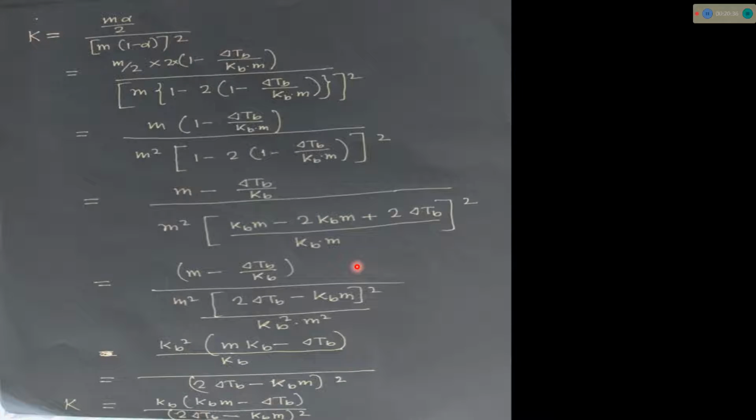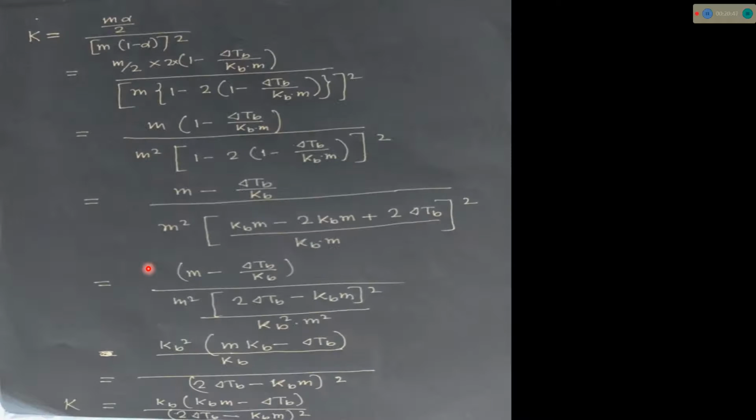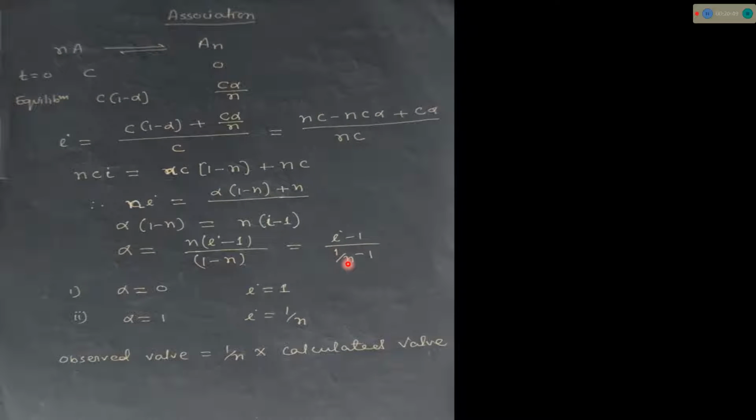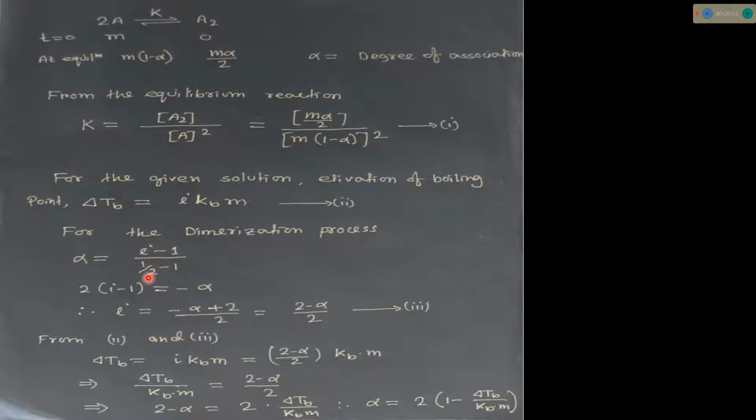In this case it is dimerization, that's why we write i minus 1 upon 1 by 2. See, in this case it is 1 upon n. For the dimerization process, the n value will be 2.